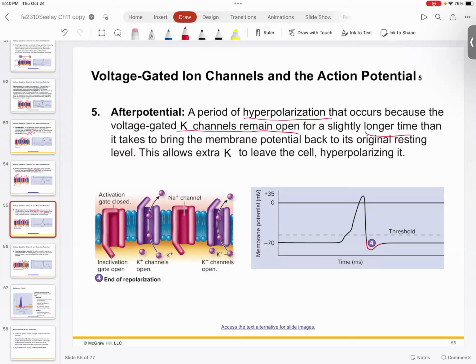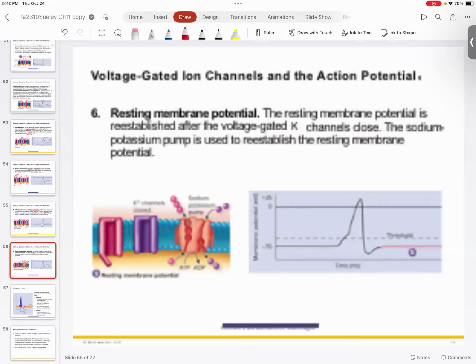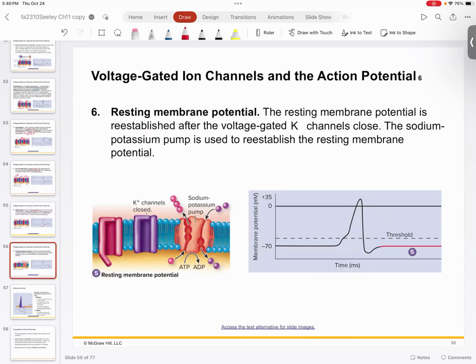And then ultimately what's going to happen is you're going to establish this kind of hyperpolarized segment. Now then, the last piece of it, once you've hyperpolarized, is you readjust back down to resting membrane potential. And you use your good friend sodium potassium pump to readjust the hyperpolarized membrane back to resting membrane potential.